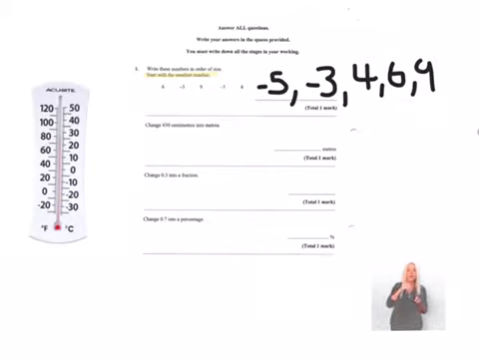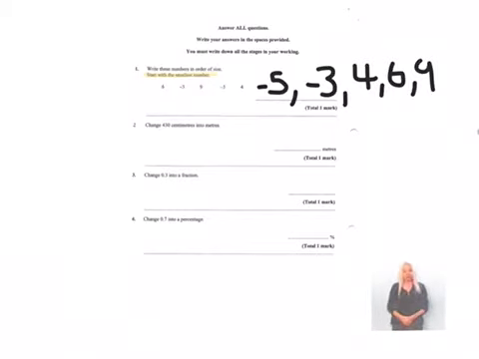It may help for this question to think of a thermometer. So -5 is around here, followed by -3, 4 is around here, then 6, and then 9 as well. So think about what sort of temperature it is going from coldest to the warmest.